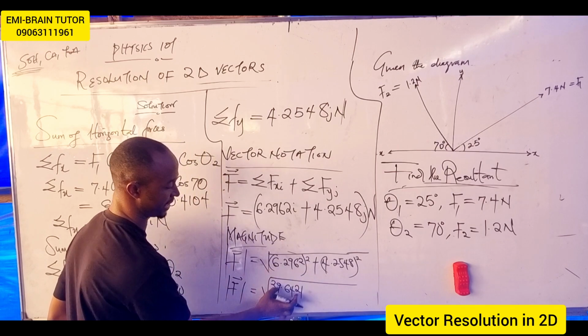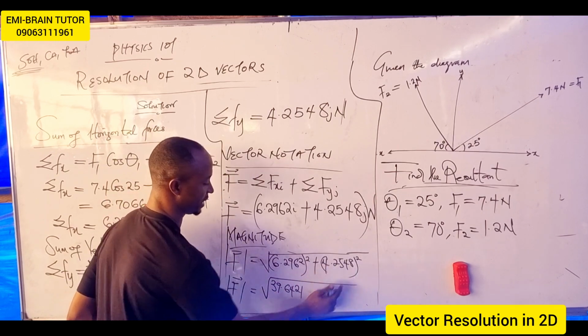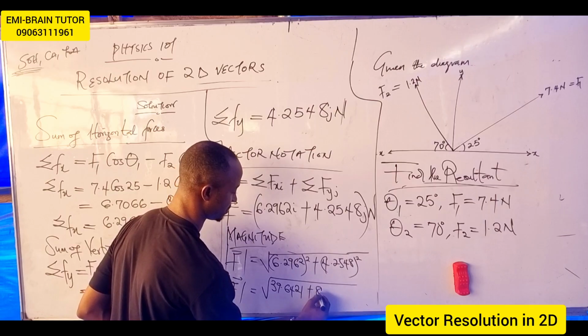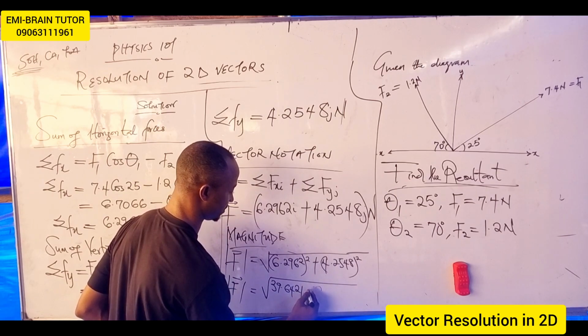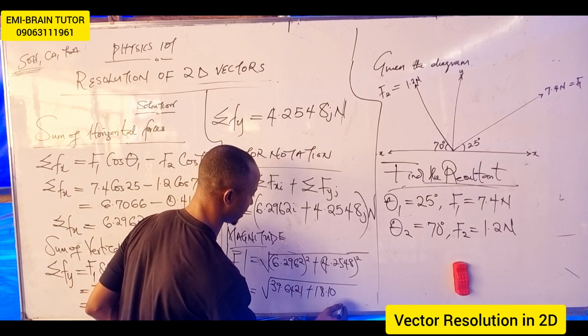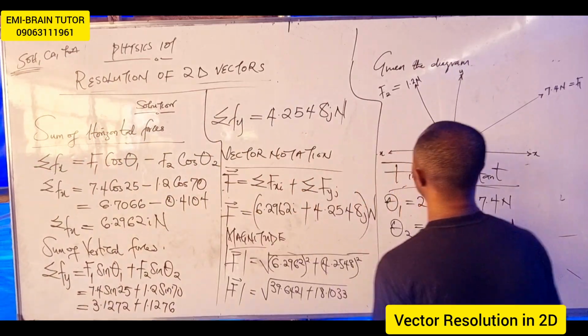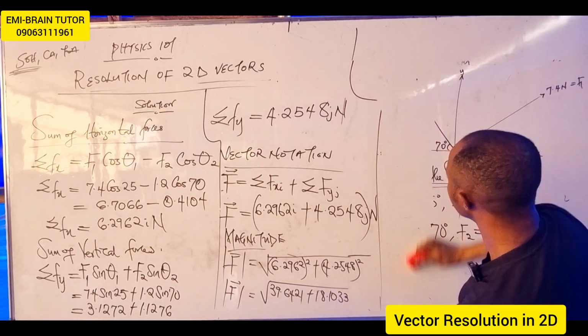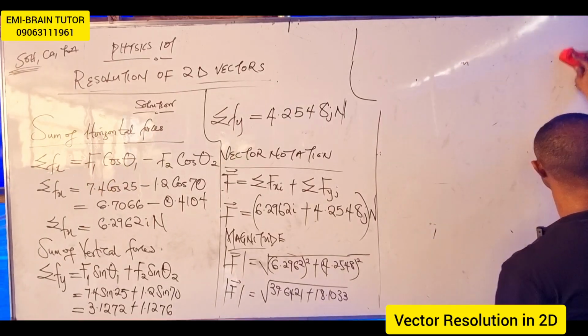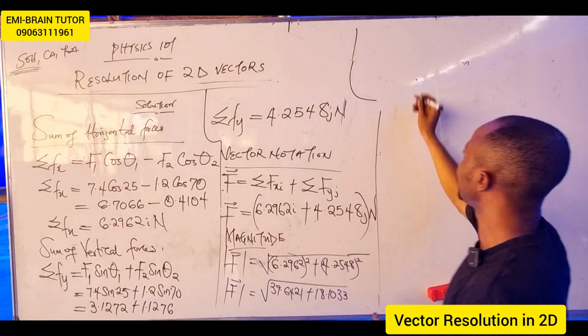39.6421. When you square this, that gives us this. Now let's square this. What do you have? 18.1033. Okay, now I calculate this. So what do you have as F?